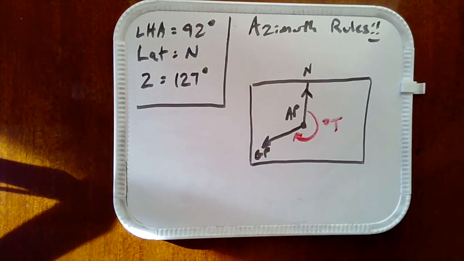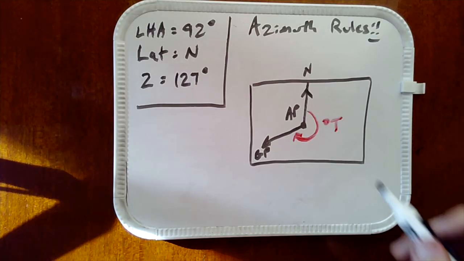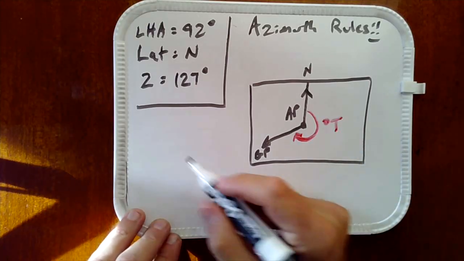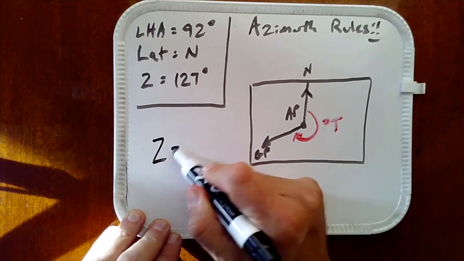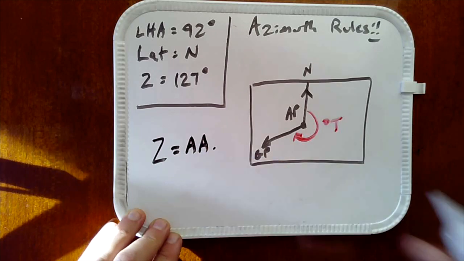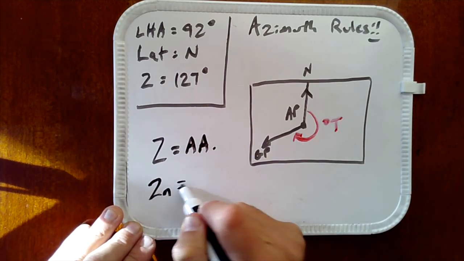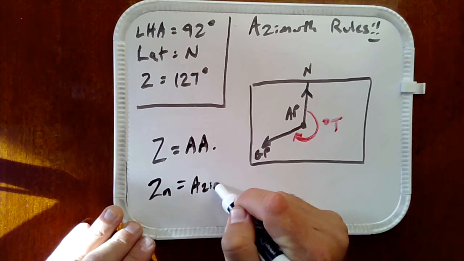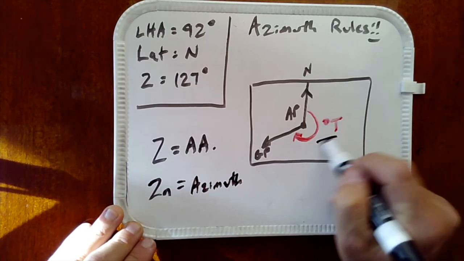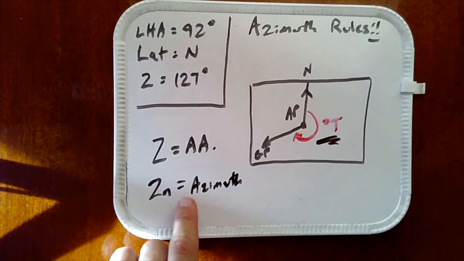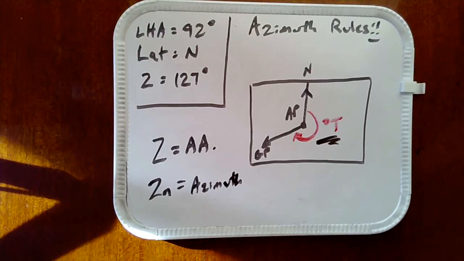So unfortunately, the tables don't give you that angle directly. They're going to give you instead Z, which is your azimuth angle. And they're going to ask you to convert it to Zn, which is your azimuth. So this right here is what we want. That's our Zn.